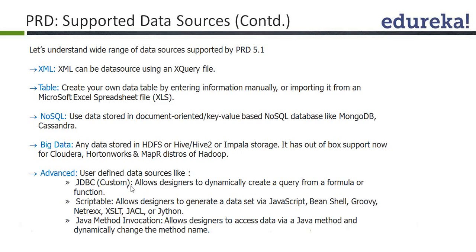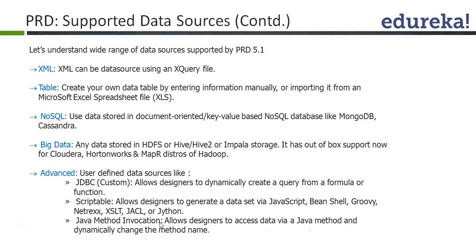Then these are a few advanced data sets, or rather I would put it customized data sets. You can write some SQL and use the outcome of that SQL, those records, as a data source. So that is also possible. Or these are scriptable, so you can use JavaScript or BeanShell. These are different scripts, and using them you can generate some custom data set, and that can also be fed as a possible data source.